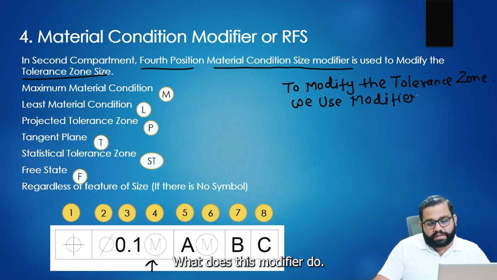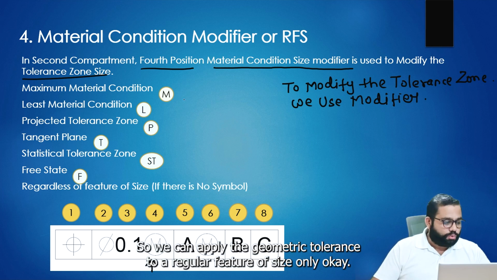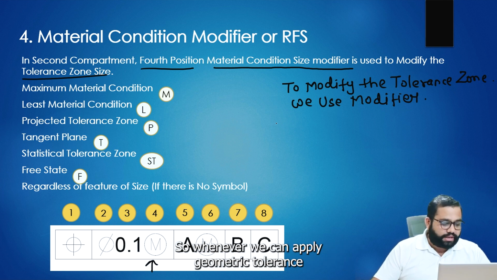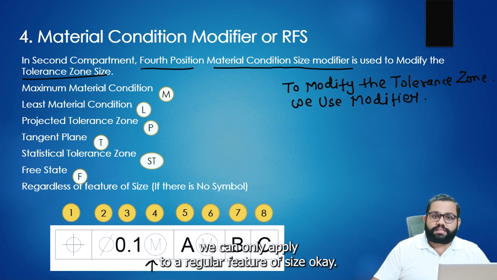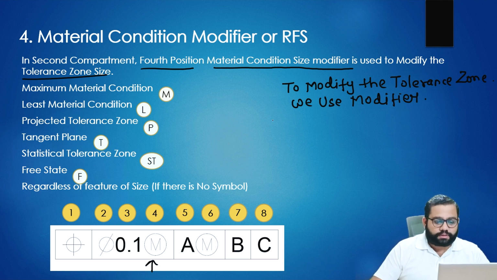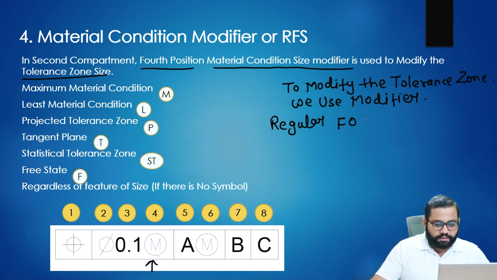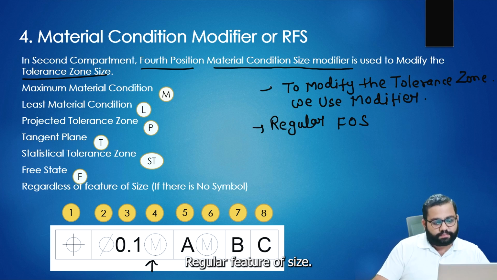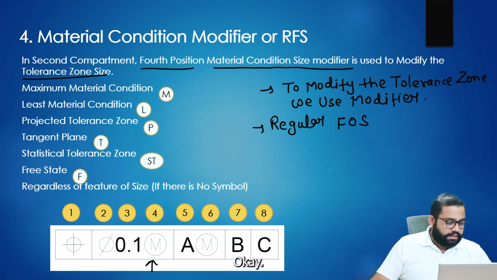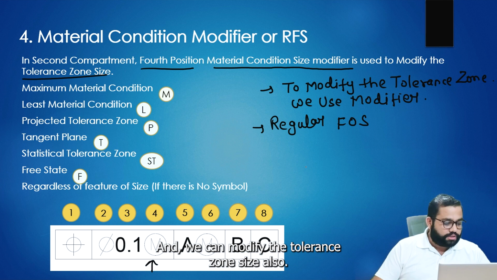What does this modifier do? We can apply geometric tolerance to a regular feature of size only. Whenever we apply geometric tolerance, we can only apply it to a regular feature of size, and we can also modify the tolerance zone size.